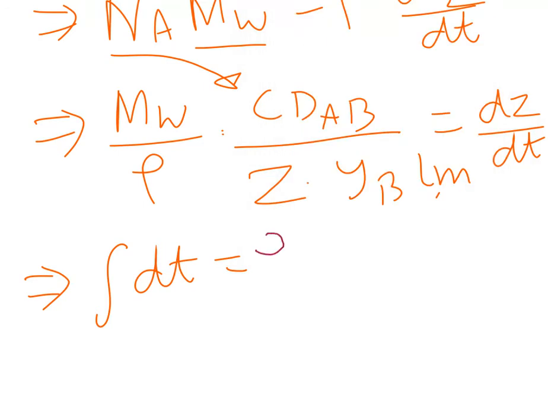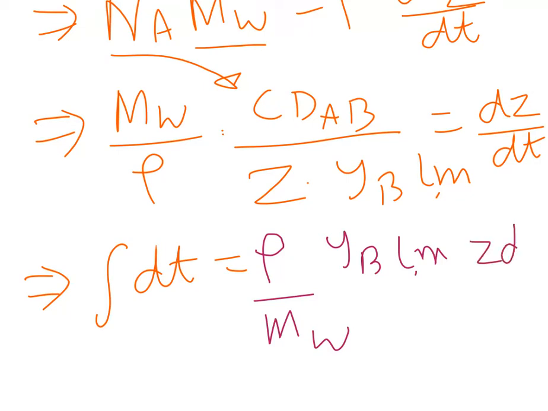So dt will be rho divided by MW, yB log mean, we have z, so z dz, and then divided by c DAB.